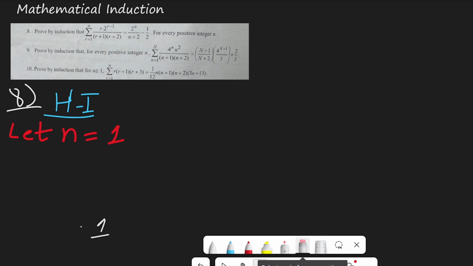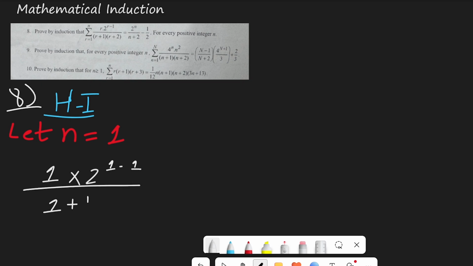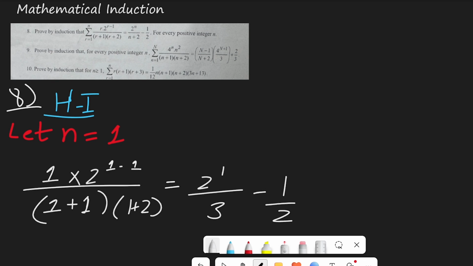Okay, so let's just remove this sign. So what will we do? We just put 1 times 2 power 1 minus 1 over 1 plus 1. That is the left hand side, by the way, except the sigma sign, because the sigma sign doesn't matter. 1 plus 2 should be equal to 2 power 1 over 1 plus 2 is 3 minus 1 over 2.